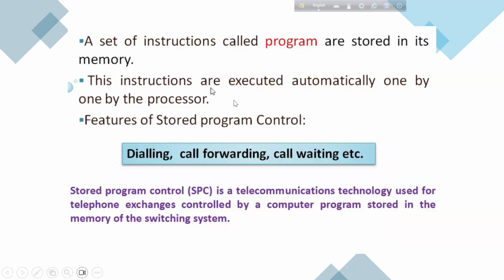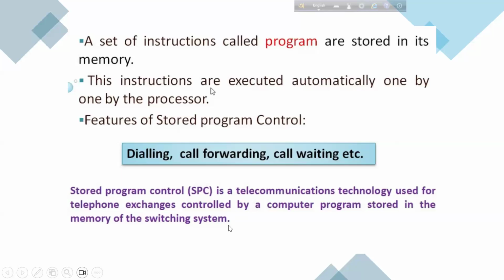These instructions are executed automatically one by one by the processor. Features like dialing, call forwarding, call waiting, etc. are all done by stored program control. So stored program control is a telecommunication technology used for telephone exchanges controlled by a computer program stored in the memory of the switching system.